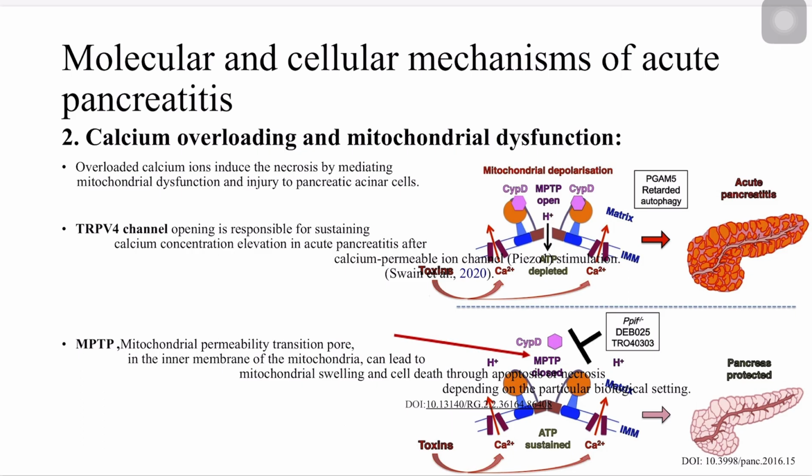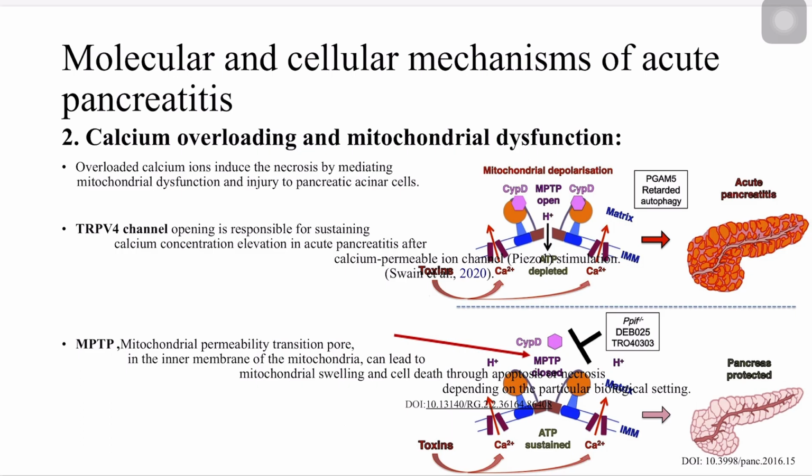As you see in the first and second figures, we have mitochondrial depolarization. When the calcium is high, the TRPV4 channel can open and is responsible for sustaining the elevated calcium concentration in acute pancreatitis.